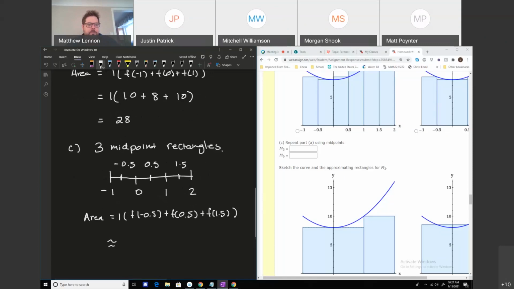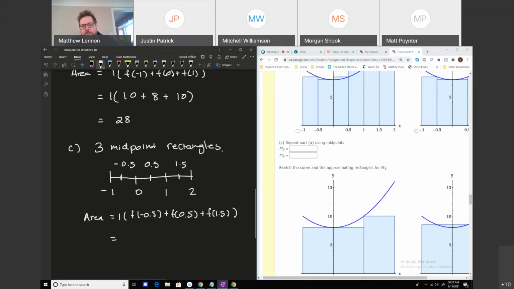Well, I guess we don't need a squiggly. We're not approximating yet. Multiplying by 1 doesn't do anything, so I'm just going to evaluate each of these. We have 8 plus 2 times -0.5 squared.